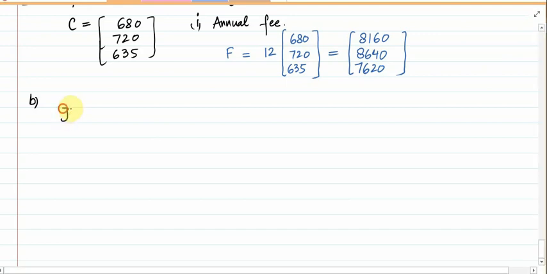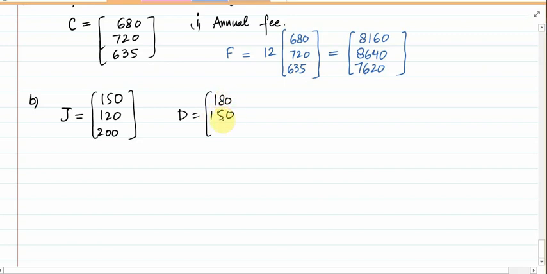So the June price is 150, 120 and 200, and the December matrix is 180, 150 and 200. And what you need to find? You need to calculate 12C plus J plus D, right? So I am writing it right here: 12C plus J plus D.